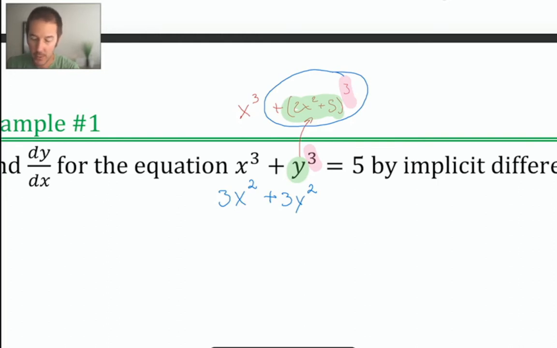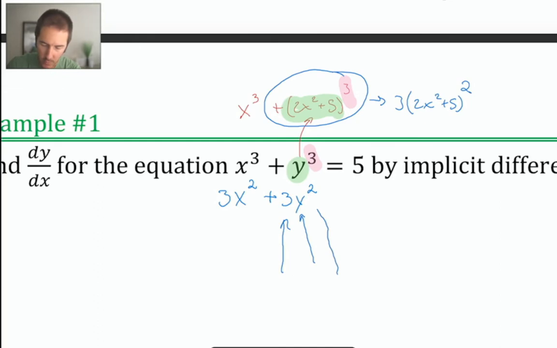My guess is you know how to do this also. You'd take the 3, multiply it out front, just like we did down here, and you would keep the expression after it, which in this case says 2x squared plus 5, just like we kept the y after the 3. And then you would decrease the exponent by 1, making it a new exponent of 2, just like it was down here.